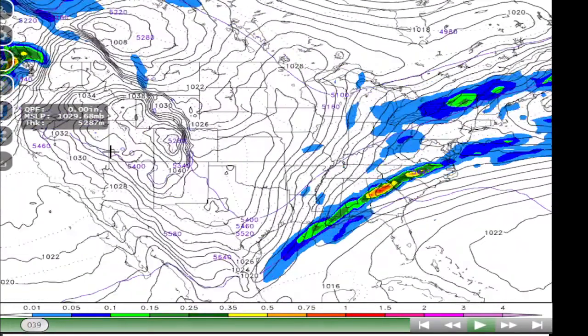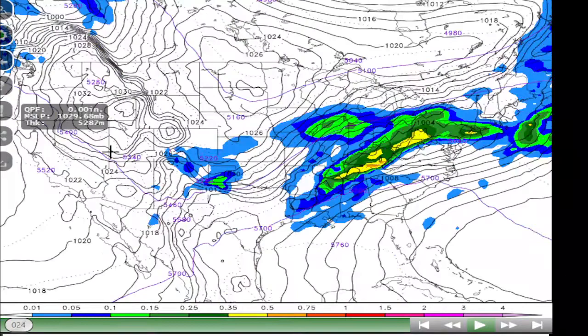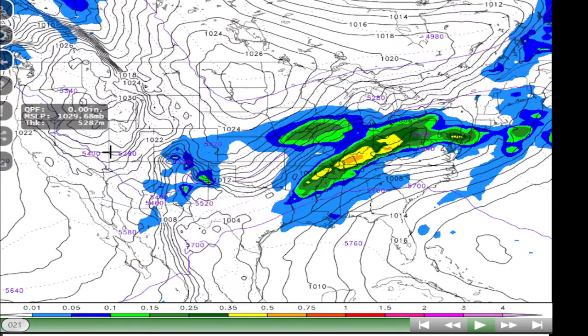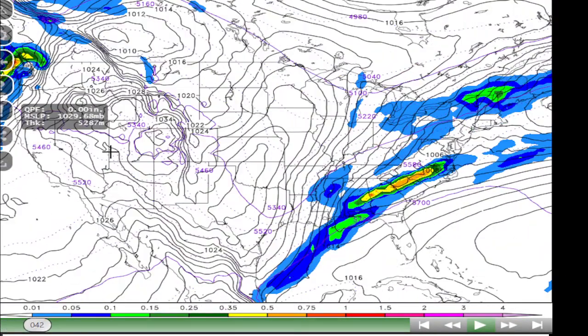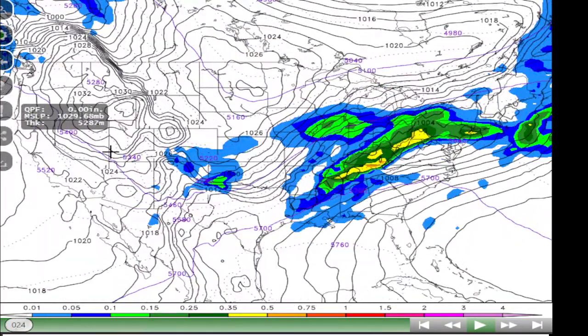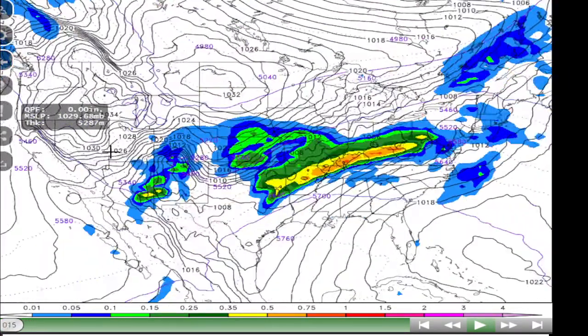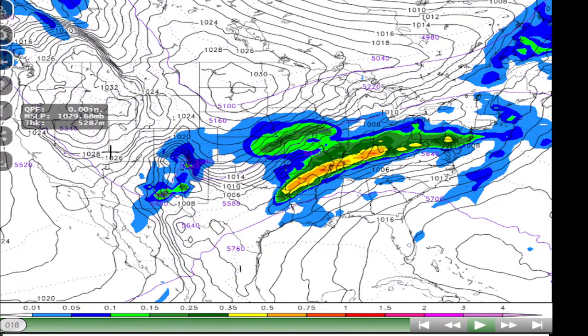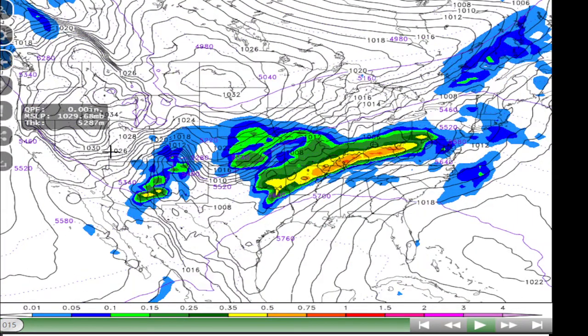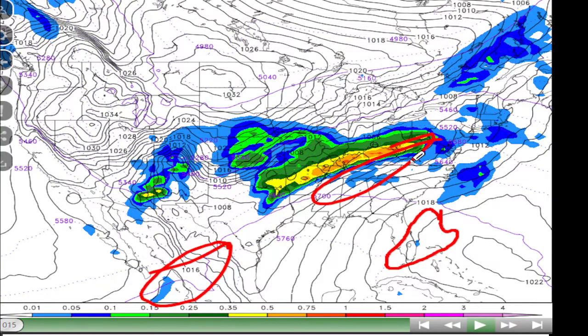Let me go back. See where that comes from. Looks like the low pressure system did form up over Ohio. See a few closed isobars right there. Right in that area.